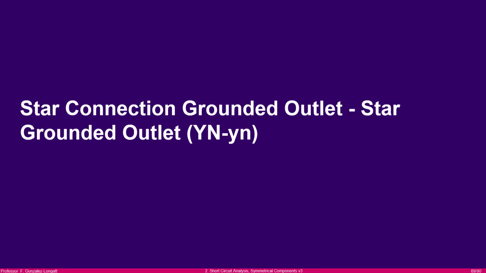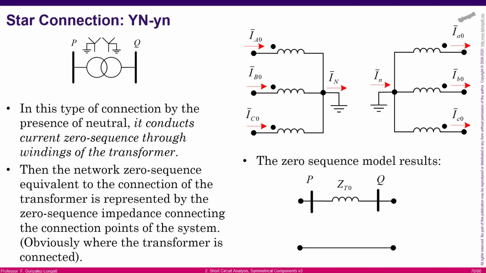Let's start with the most basic and very important connection. In a star-star connection where the neutral points on the high and low voltage sides are connected to the grounding point, the equivalent sequence network is extremely simple and very simple for my students to see.